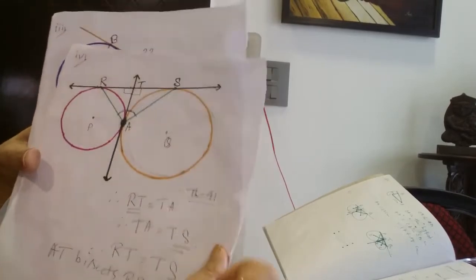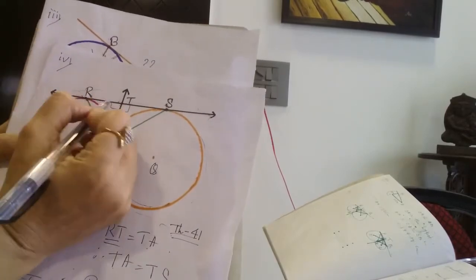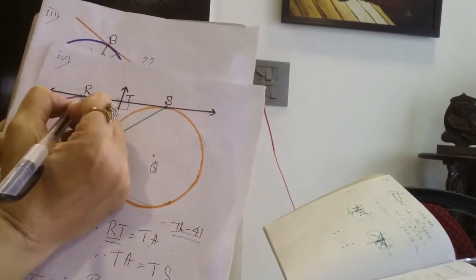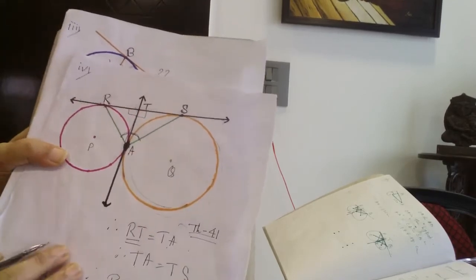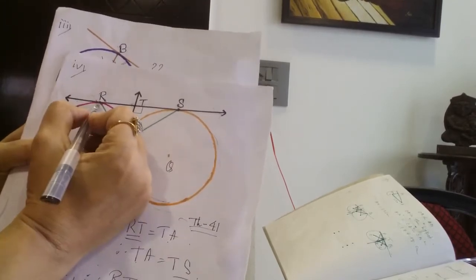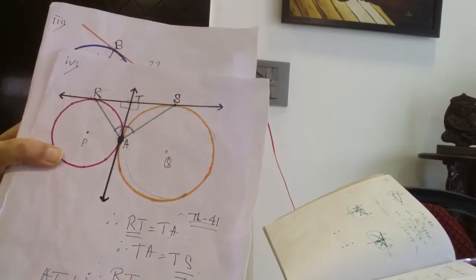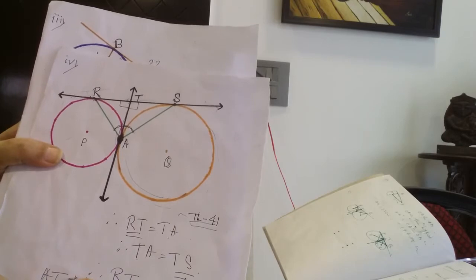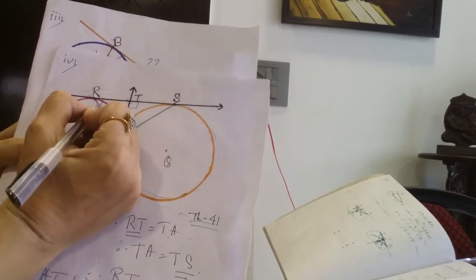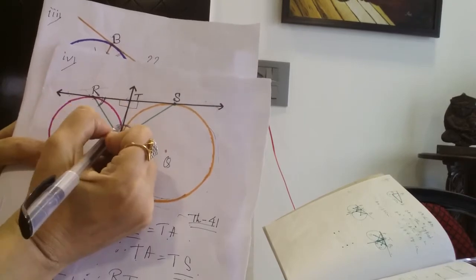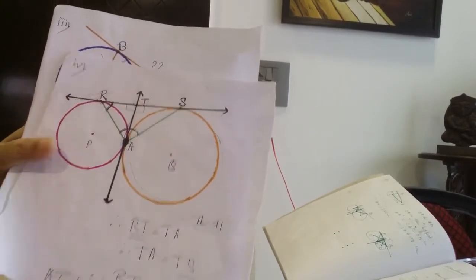Again you see, the triangle RTA, in this triangle we have RT equals TA. So this is an isosceles triangle, two sides are equal. In an isosceles triangle, you know, base angles are also equal. So this angle is equal to that angle, base angles will be equal. Clear?